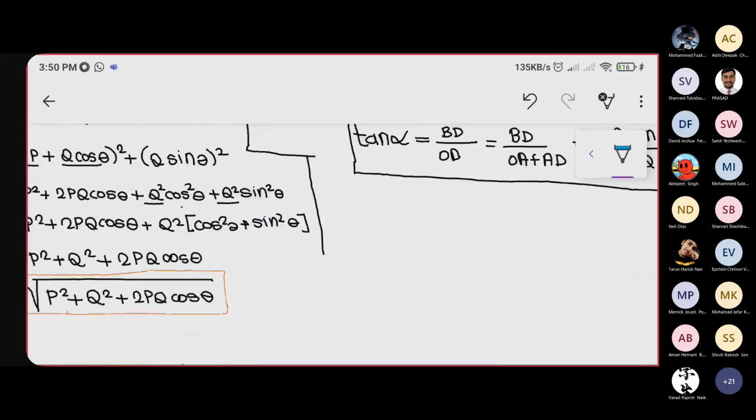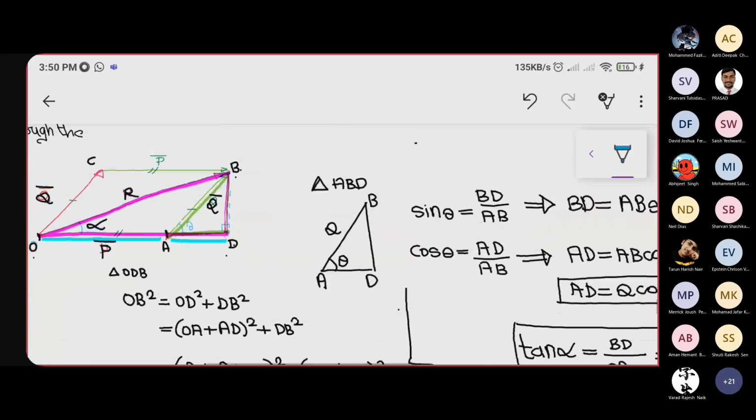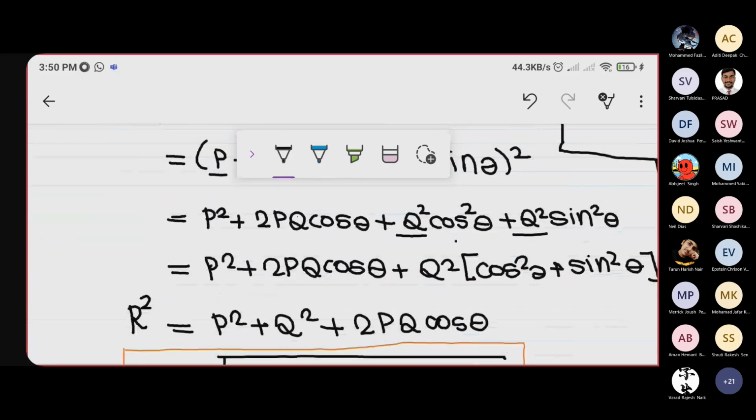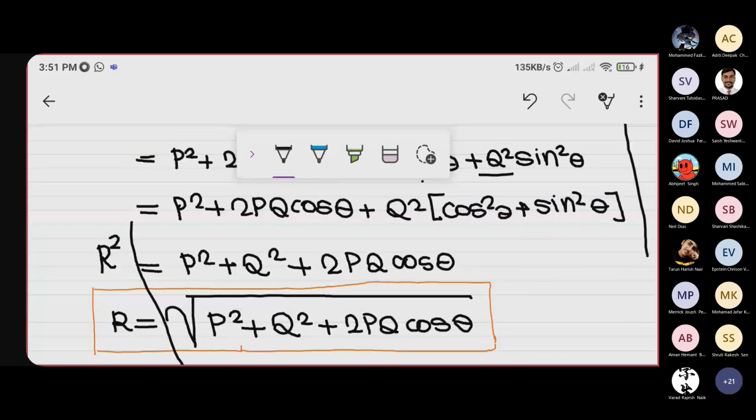Now we'll consider the parallelogram law. What are the two forces? They are represented by P, Q, right? P, Q are the two forces, and their resultant is shown by the diagonal. Now, first of all, what is theta?